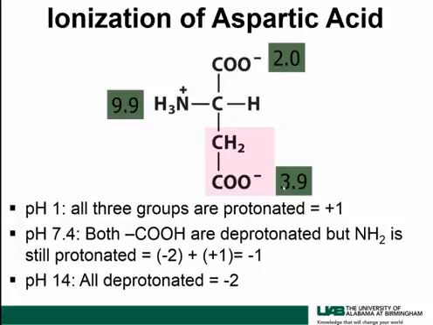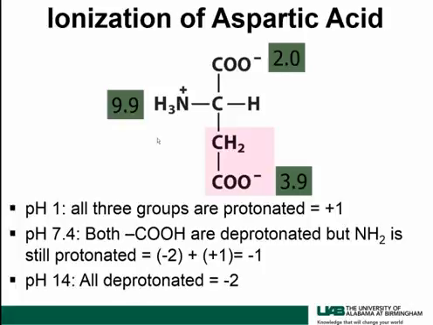Again, you have to go up to pH 3.9 in order for the hydrogen to come off to generate a negative charge group right here. So here the hydrogen ion is on at pH 1, no charge. Here the hydrogen ion is on, no charge. Here the hydrogen ion is on, +1. And so at pH 1, the net charge on that amino acid is +1.